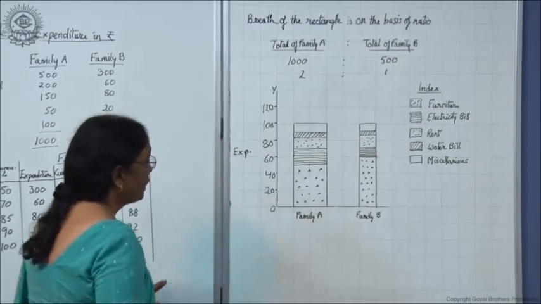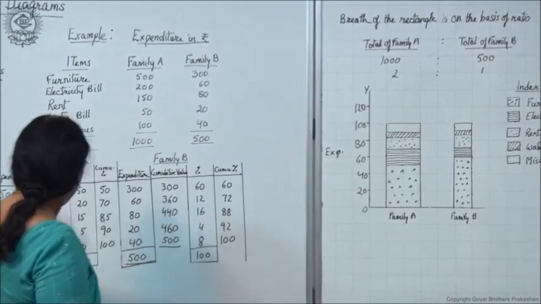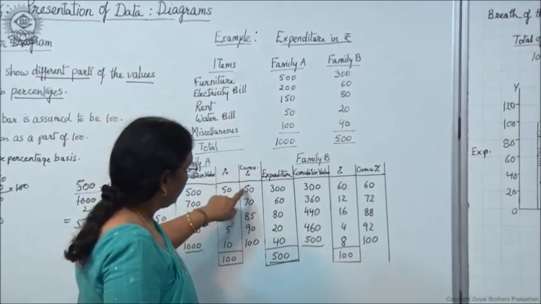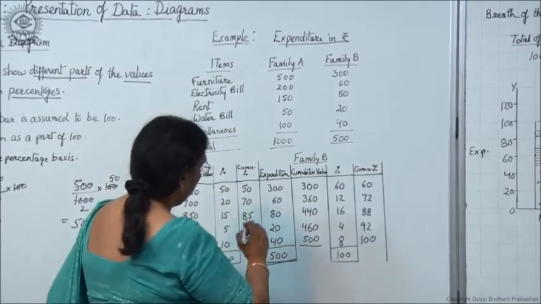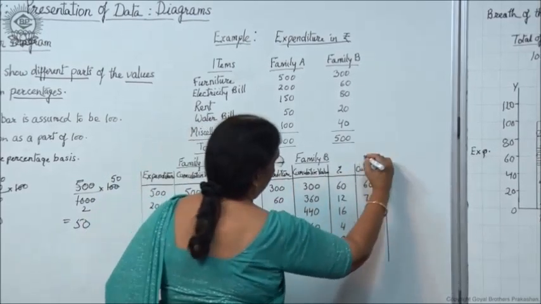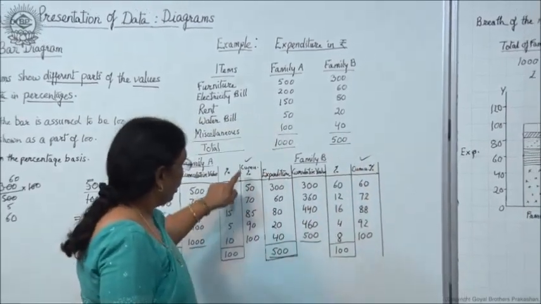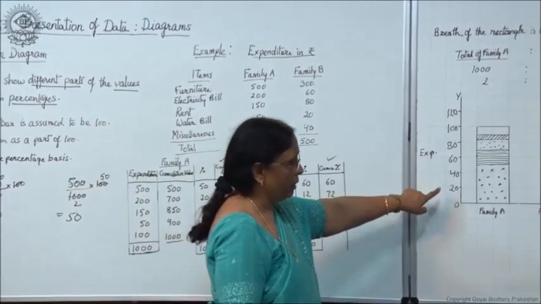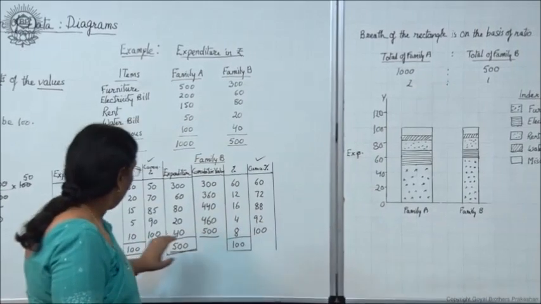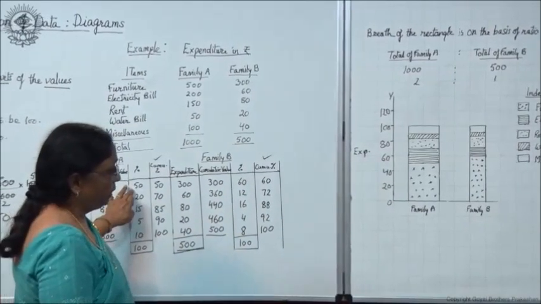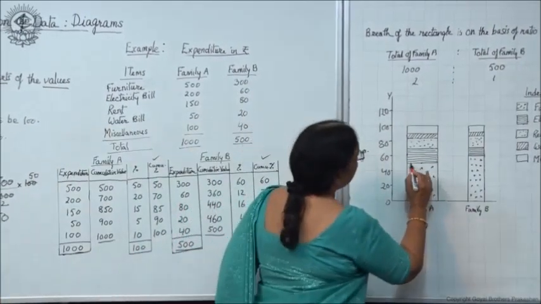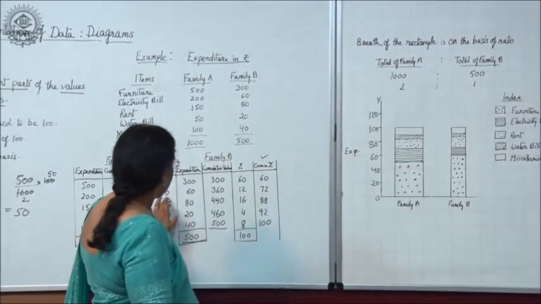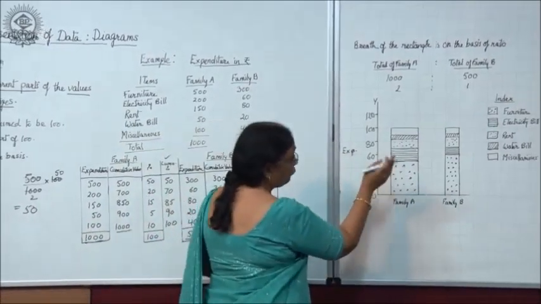Now, what is the next step? Here from this data, you'll just go through this cumulative percentage, this one and this one. Now, according to this data, you will divide the bar. Family A first is 50. So, you will divide it till 50 over here. Then next is 70. So, you don't have to add up.